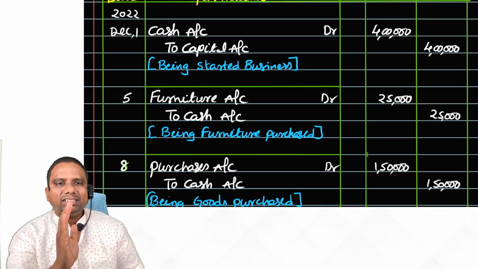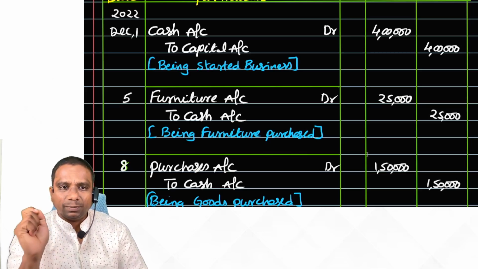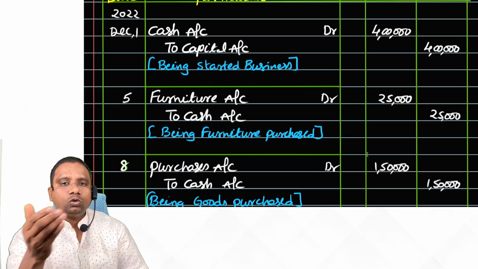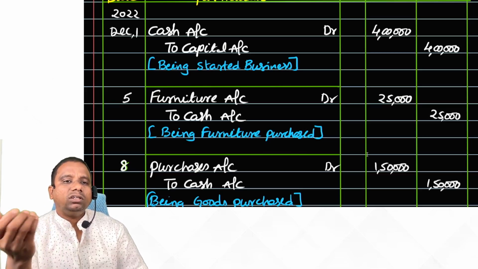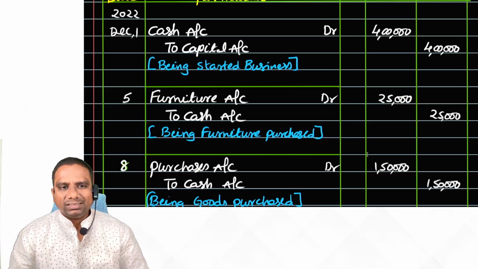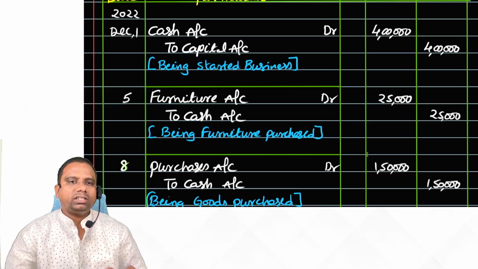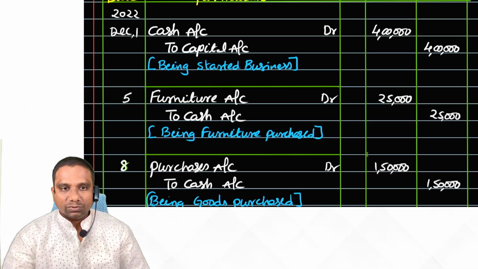That's why don't expect copy-paste style problems in the exam. Sometimes they may mix one or two problems and frame one new problem. This will happen in CA courses. Whatever problems we solve, you may not get exactly the same problems in the exams.